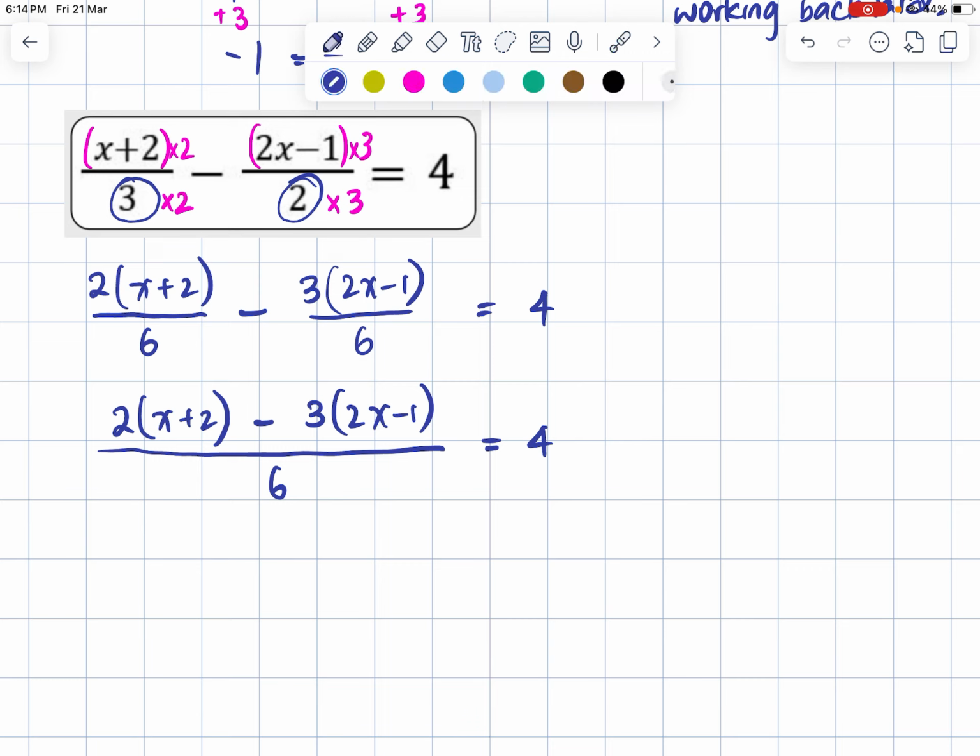So I'm going to manage this by multiplying both sides of the expression by 6, so I'm keeping that balance. What I do to one side of the equation, I do to the other. The times by 6 and divide by 6 cancel each other out, and I'm left with 2 times (x + 2) minus 3 times (2x - 1) equal to 24.